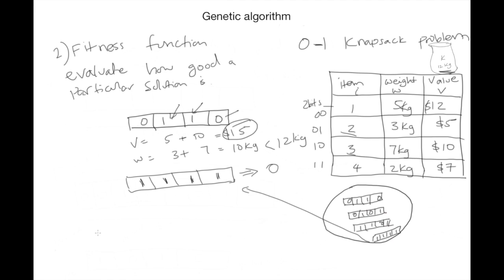So to formalize this, we can come up with a fitness function f, which will be a piecewise function. Here this is our chromosome C, and it is a binary array which indicates whether the item is present or not.